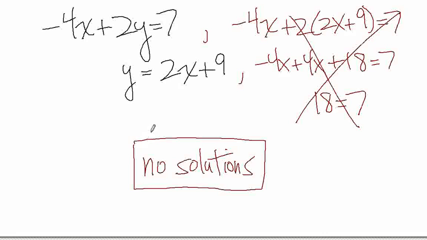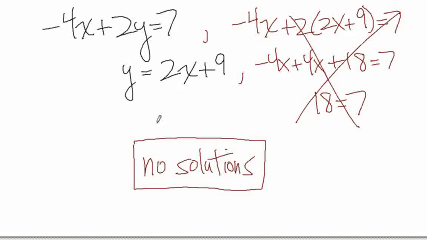All right, to help you understand what's happening here, again, remember that each black equation corresponds to a line, and it's possible to draw two parallel lines on a plane, right? And two parallel lines never cross, they never intersect. So they have no points in common.